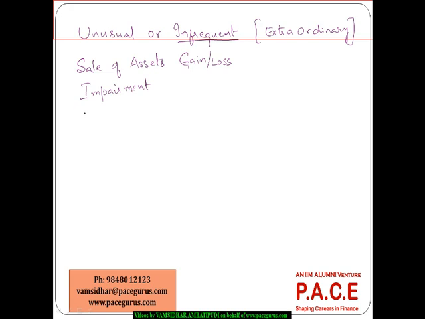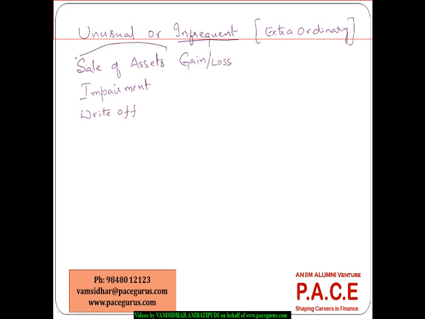So any kind of impairments or write-offs, any big loan that I have given, or I've sold something to a customer on a very big scale, but I'm not able to recover that. I don't know when I would be recovering, so I may want to write it off, which is more infrequent but not unusual.